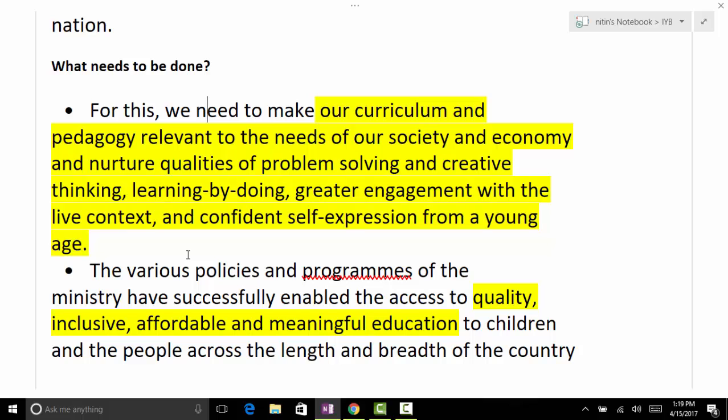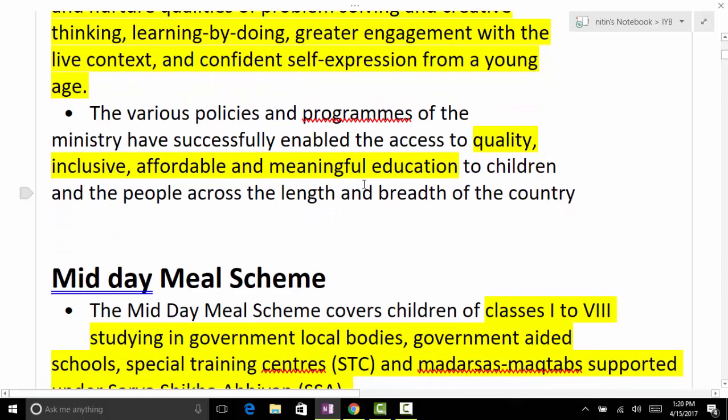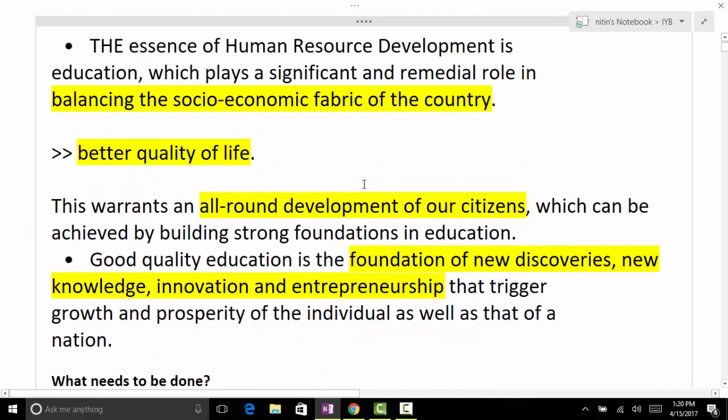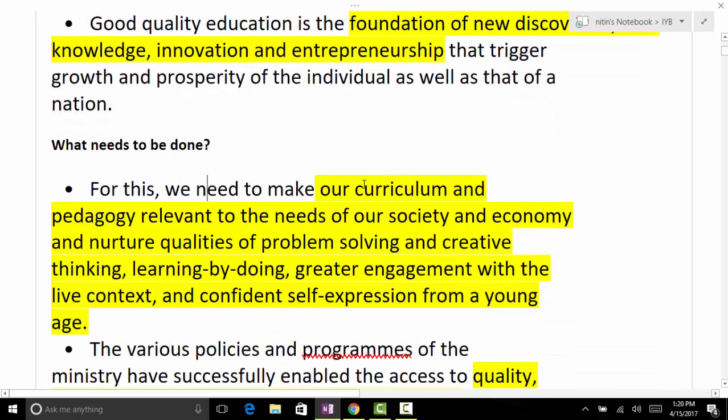Different vulnerable sections, like women, the girl child, disabled, lower caste, SC, ST. So it says the objective of any of these programs is access to quality, inclusive, affordable, and meaningful education. So you go through them again so that you get certain basic understanding regarding education.